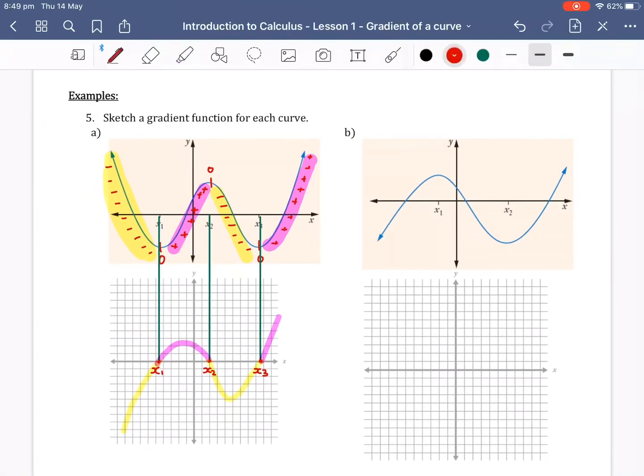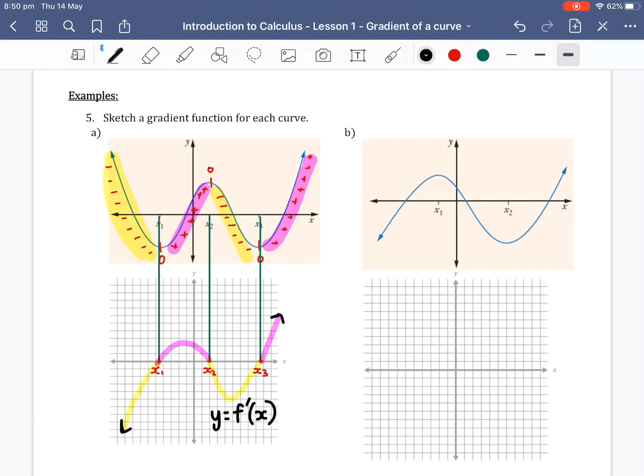And so that is what our function looks like. Draw the arrows on each end. And we should write that this is y equals f dash x. So that's how we sketch the gradient function for the curve.